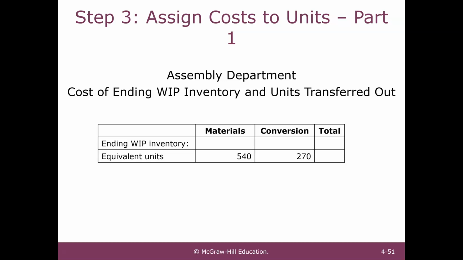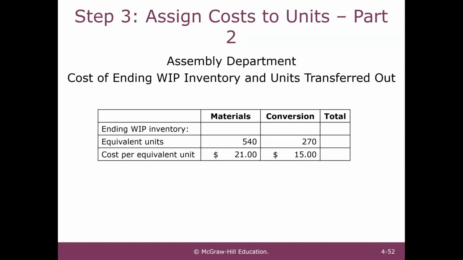We know the equivalent units of the partially completed units in reference to the 900 units. They're equivalent of 540 completed units for materials and 270 completed units for conversion. Multiply those now by that cost per equivalent unit that we just calculated.